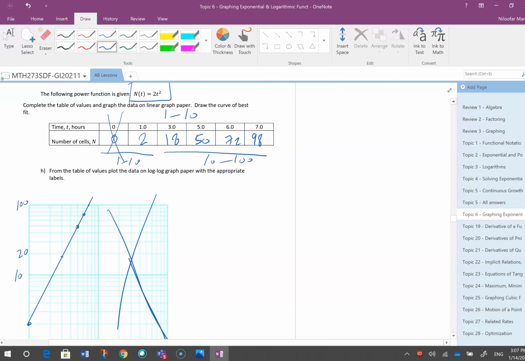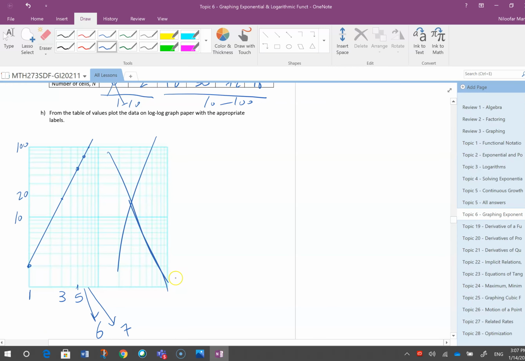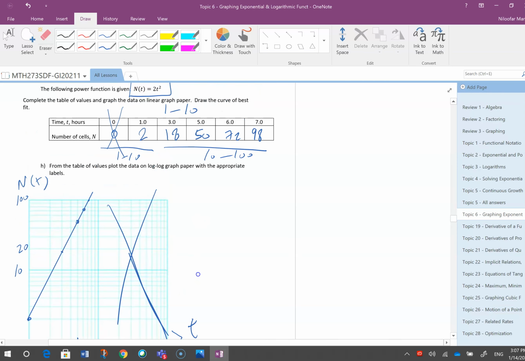It's log paper, so it starts from 1 on both sides, x-axis and y-axis. So this is t, and this is n(t).